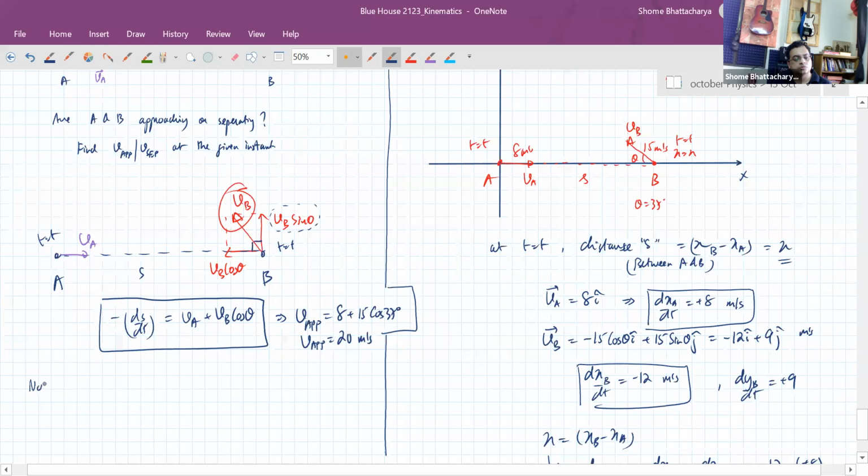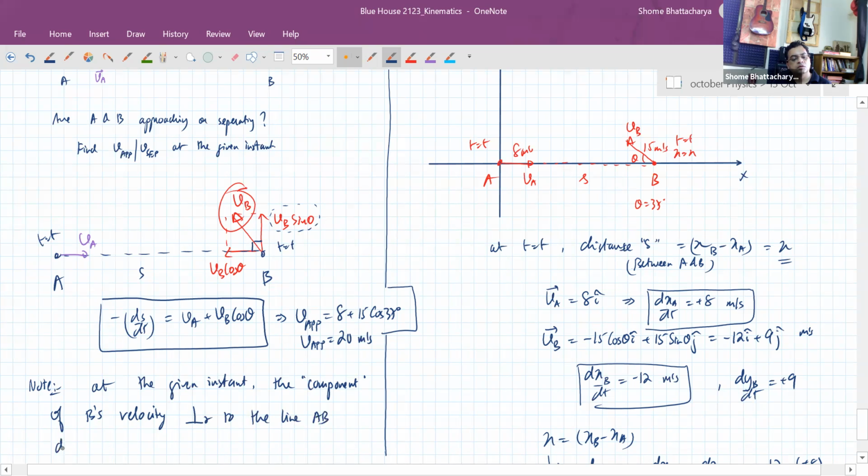Okay. So at the given instant, the component of B's velocity perpendicular to the line AB does not contribute to approach or separation velocity.